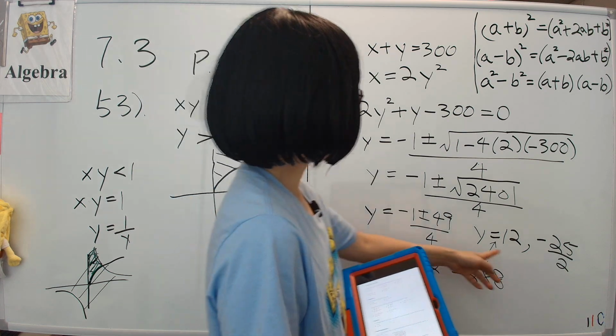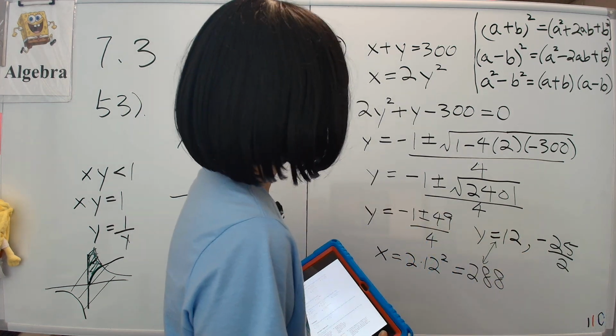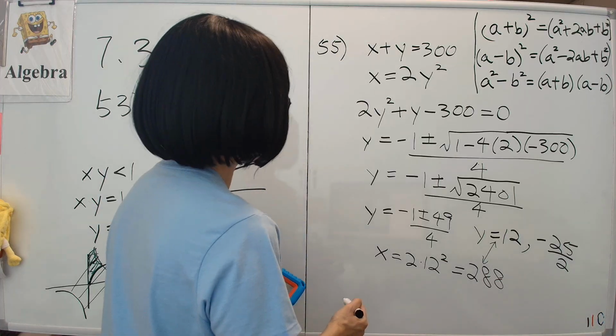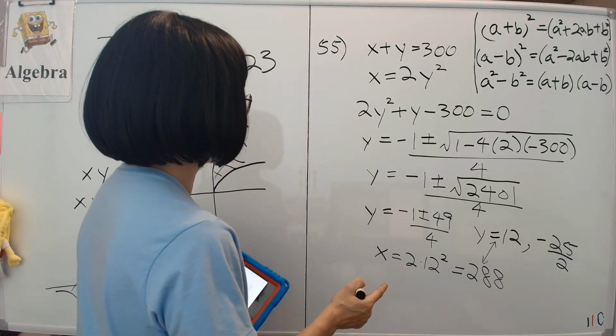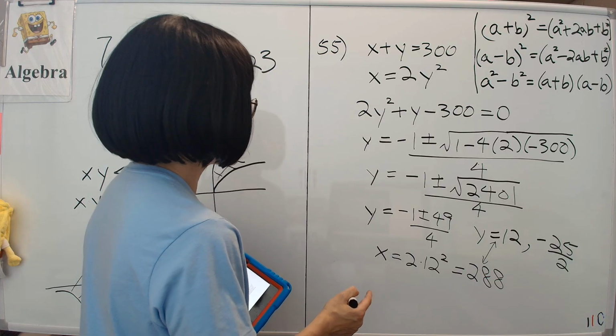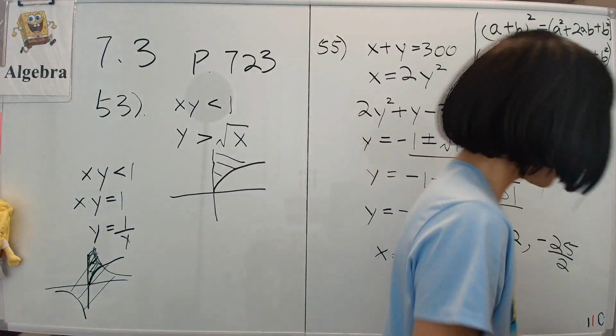Now, if y is minus 25 over 2, then x will be 2 times y squared. Okay, let me see how that goes.